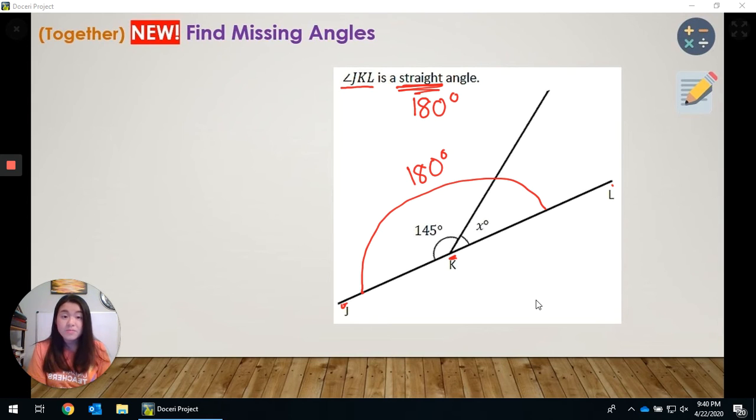That's a big angle, right? Now, if we look at the rest of our picture, we see that we have a smaller angle here on the left side that they told us was 145 degrees. And then an even smaller angle on the right side that they said was X degrees. X just means that we don't know what the number is right now. X means we're trying to find it. So that's the missing angle there.